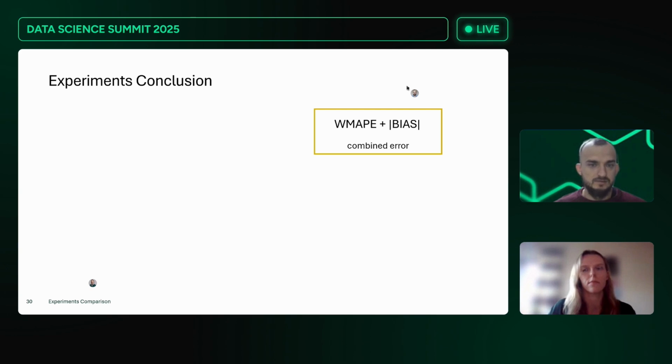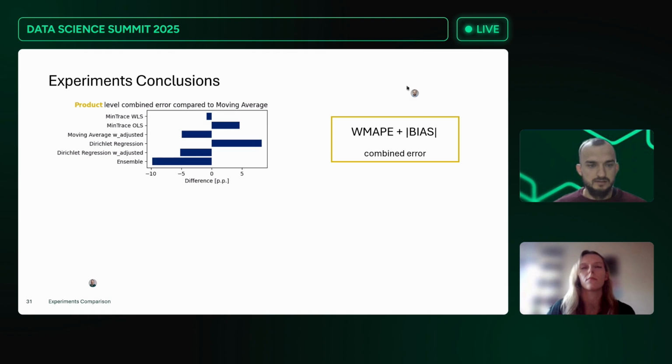And to combine metrics that we use so far, we use a score called here combined error, which is just the sum of weighted mean absolute percentage error and absolute value of bias, to get the final comparison of all these methods. And as we can see, weight adjustment methods and ensemble, which is a combination of these two, finally ensemble gives us the most improvement compared to other methods.